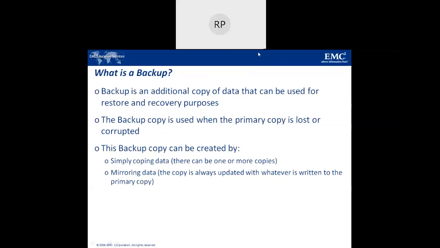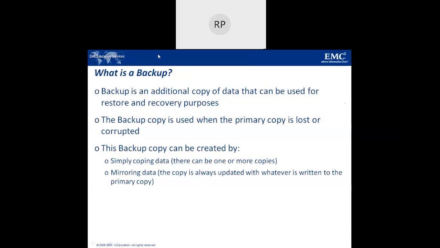Now let us start with what is meant by a backup. As you know, backup is nothing but taking one extra copy of the data that can be used for restoring whenever any data failure or any disaster occurs. This is a disaster recovery technique where a backup of data is taken.